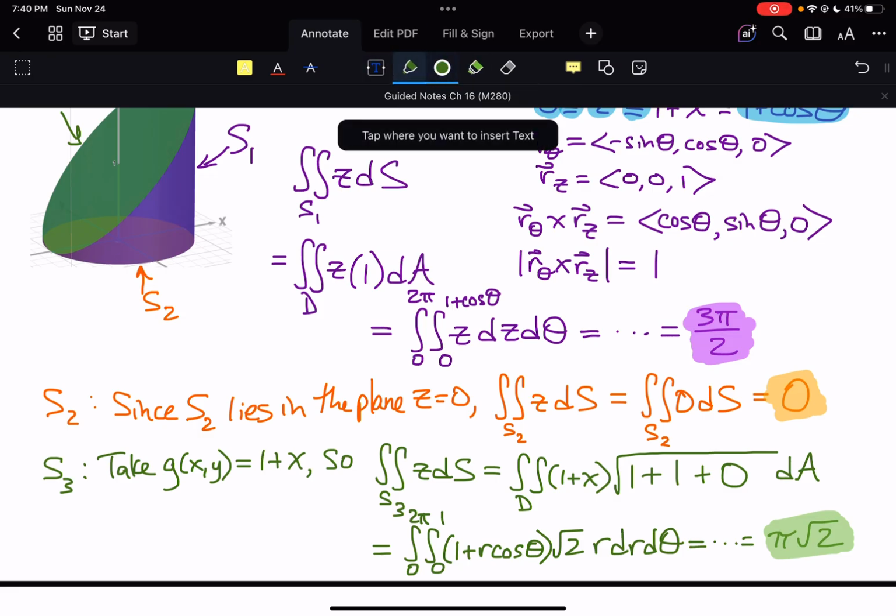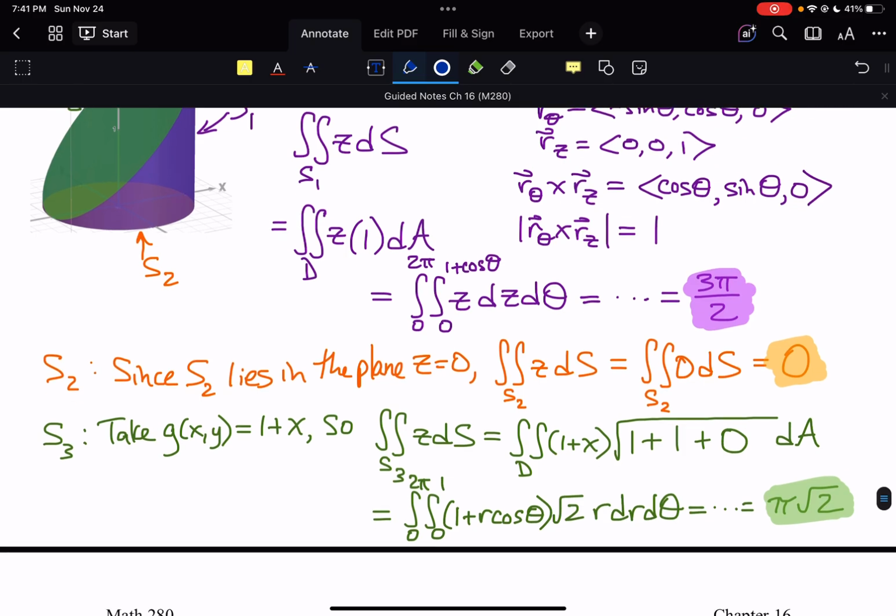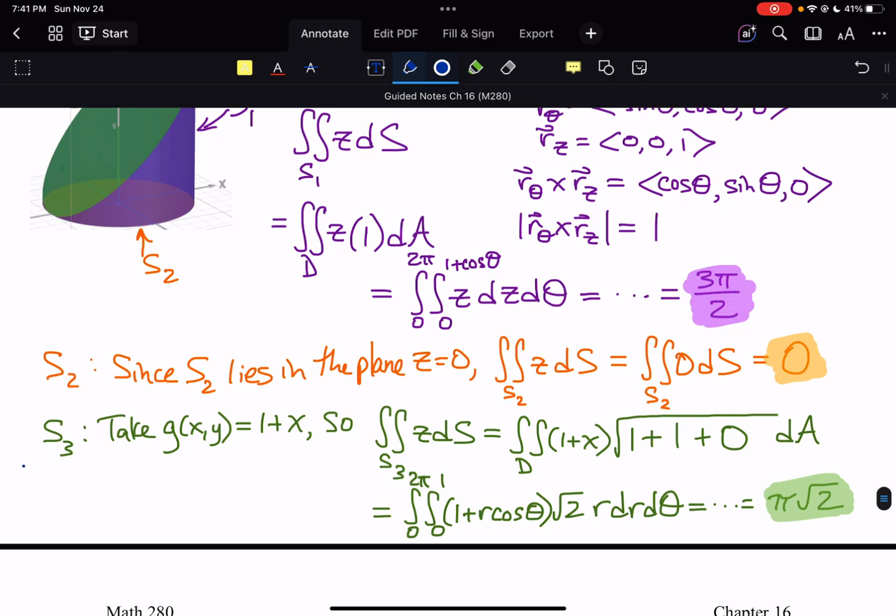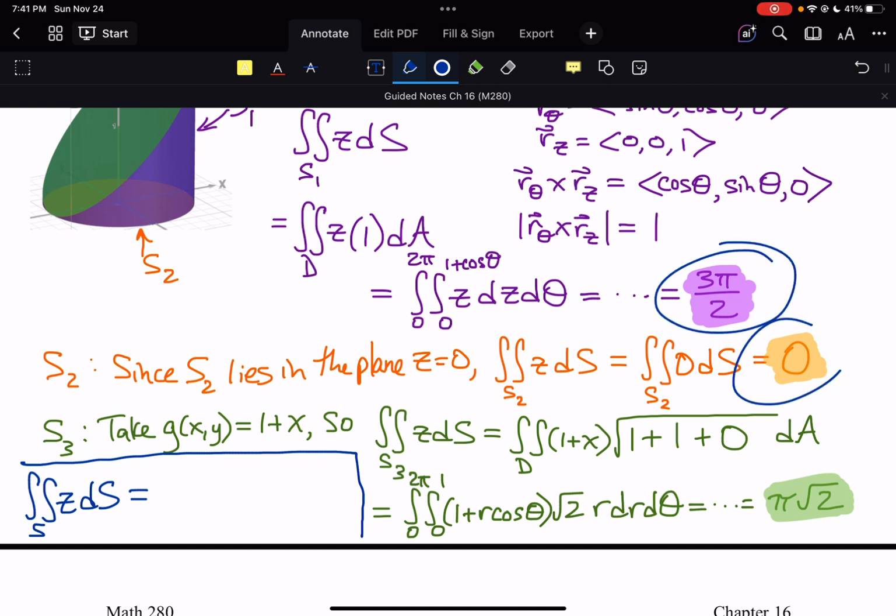So I got a little bit ahead of myself here. Because now, if we want to find the value of the surface integral over the entire surface, all 3 pieces of this piecewise surface, we do that right here. The surface integral over S of z dS is just the surface integral over S1 plus the surface integral over S2 plus the surface integral over S3.